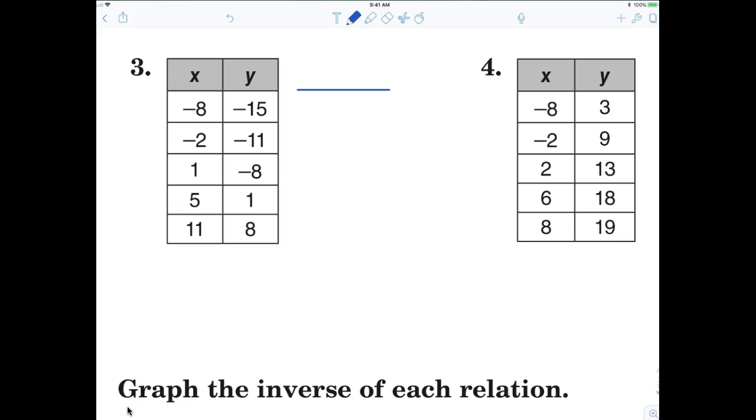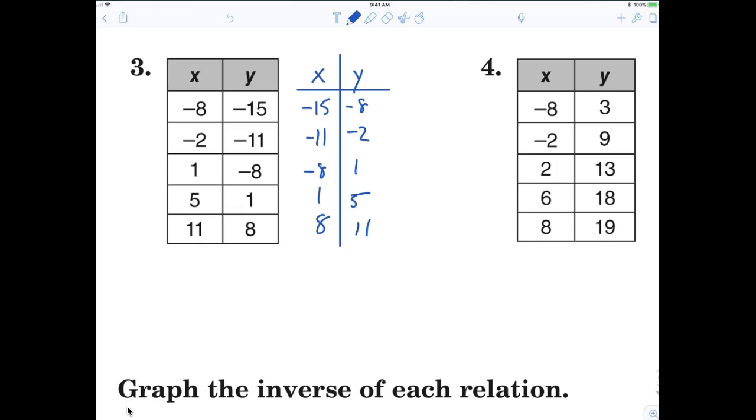Now, this is in what type of format? It's in a table format. So to find the inverse, I'm still just doing what? Switching them. I like to write the x's first, and then the y's second.